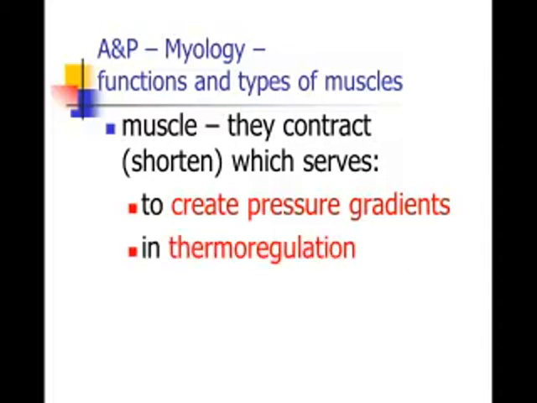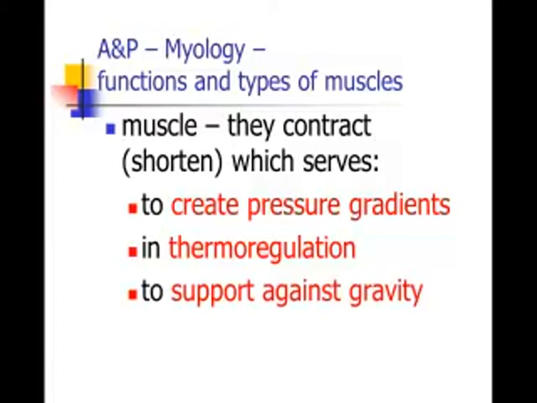Muscle contractions also serve in thermoregulation. When muscles contract, more than half of the energy they release comes off as heat. So if you're cold, you can shiver, and the shivering will warm you up. Muscle contractions support us against gravity. Most people would say, but the bones support us against gravity.